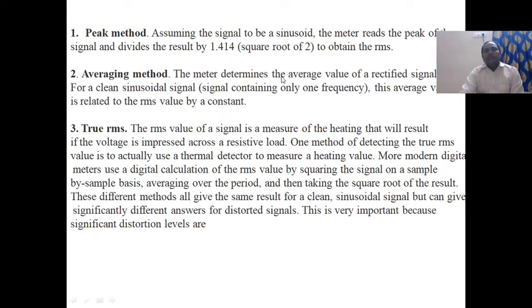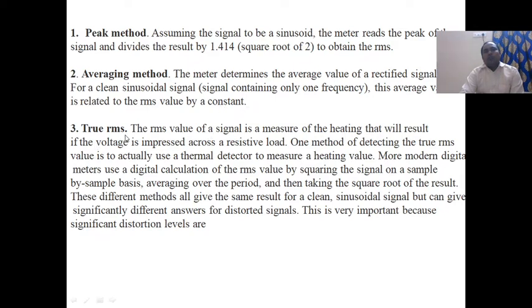The meter determines the average value of the rectified signal. We collect every instantaneous value and average them: V1 plus V2 plus V3 and so on up to Vn, divided by n, which is related to the RMS value by a constant.